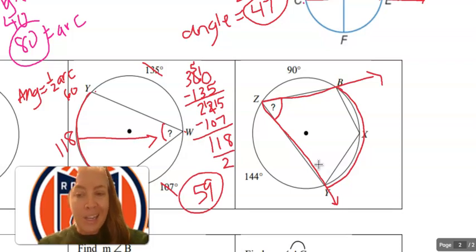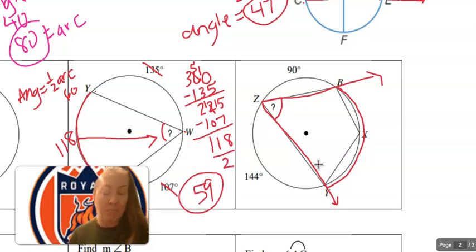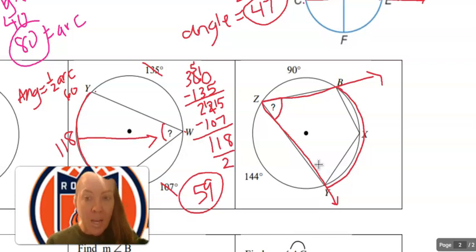And I don't know either all of it or any part of it at all. But if I think of that as all one big arc, we do know this is 90, arc ZB, and arc ZY is 144. So it's the same idea that we used on the last problem. It just looks like a different shape to try and trick us.